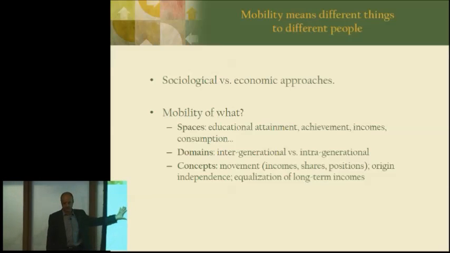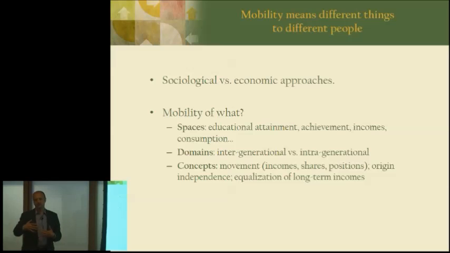So the space of mobility matters, and as we'll see, you can have mobility in some spaces without having it in another. Then there's what we call domain of mobility, by which I simply mean the distinction between inter and intra-generational mobility, which are very different things. One is the relationship between the outcomes of your parents and of the children, and the other has to do with changes in the vector of incomes, if you like, over the lifetime of a particular cohort.